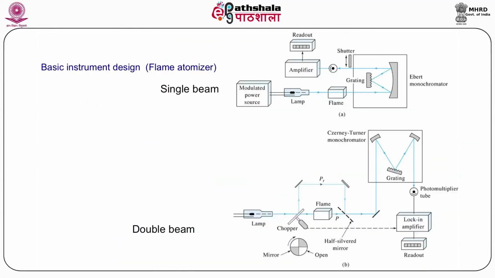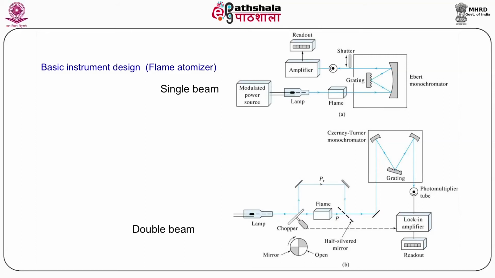Here we discuss the basic instrumentation design of flame spectrophotometry, and there are two types. One is the single beam, in which the modulated power source passes through the flame where the sample elements are present, then the light is collected on the monochromator, and from the monochromator it reaches the amplifier and then the detector.